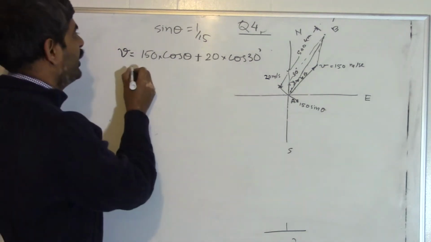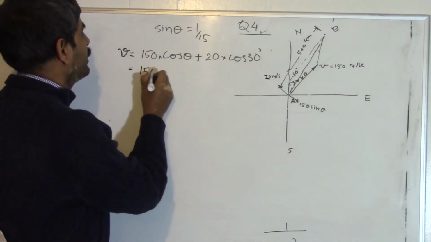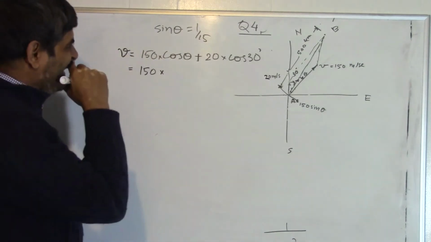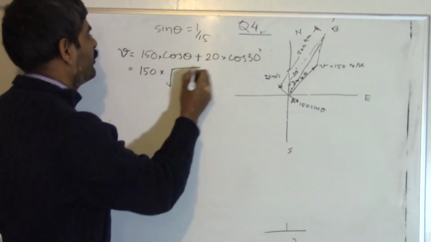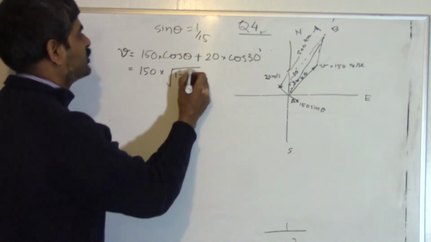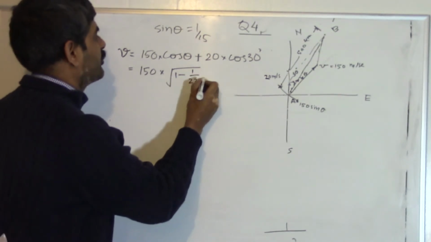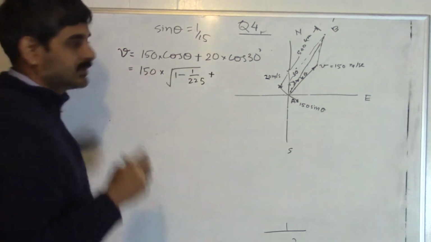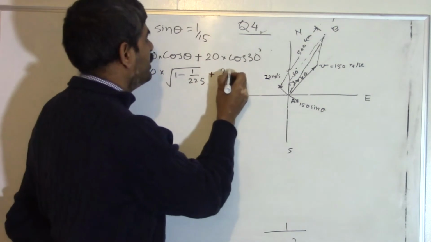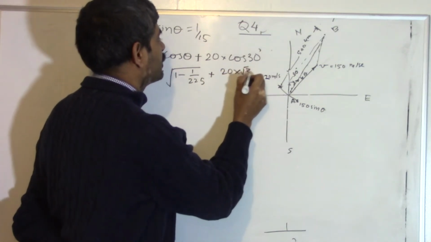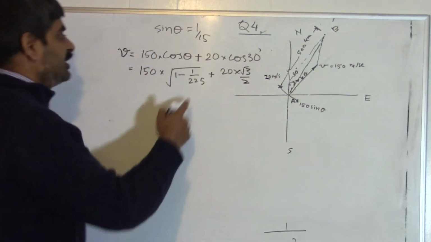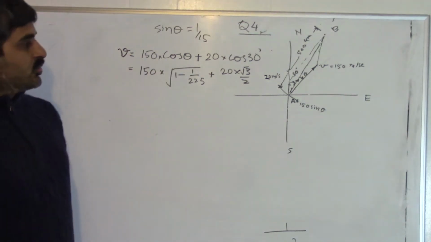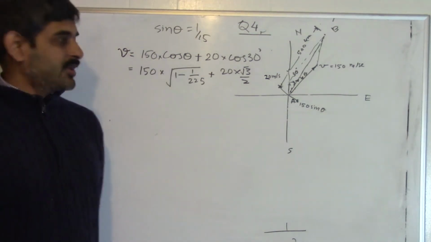This we can calculate. 150 into cos theta is 150 into square root of 1 minus sine square theta, that is 1 upon 225, plus 20 cos 30, which is root 3 by 2. I am not going to calculate this term exactly, you can try calculating it.